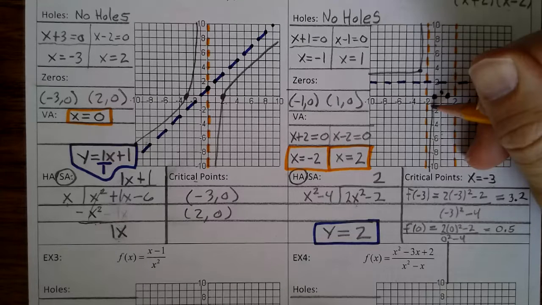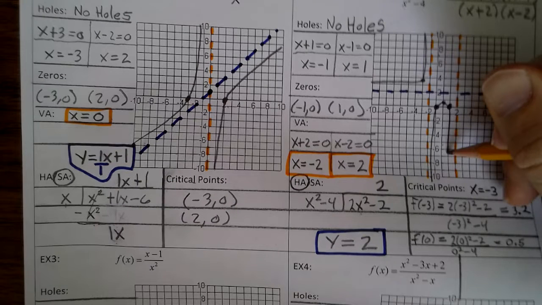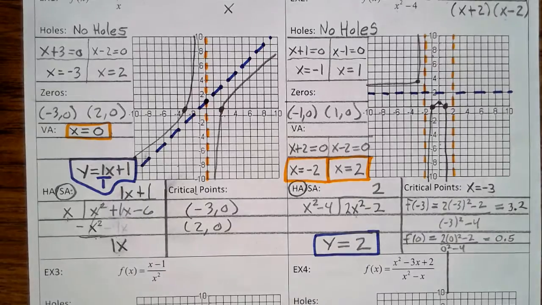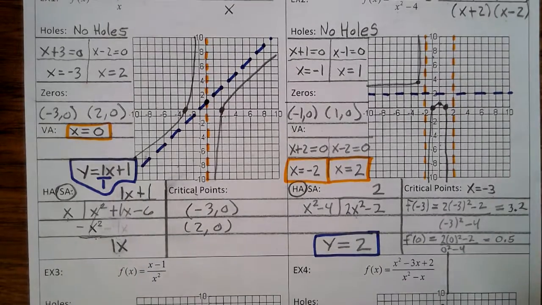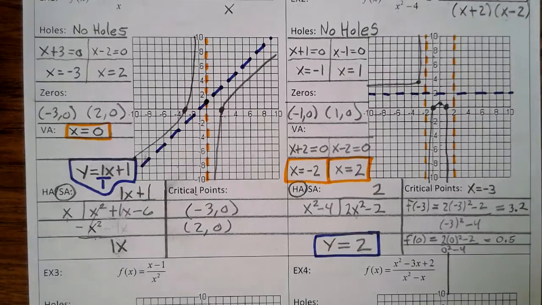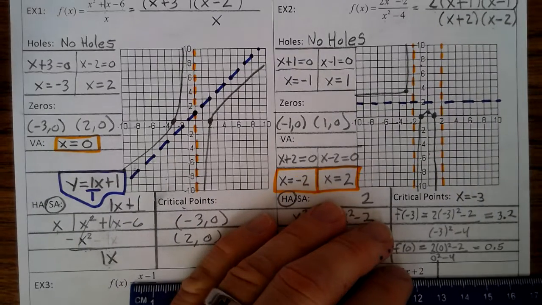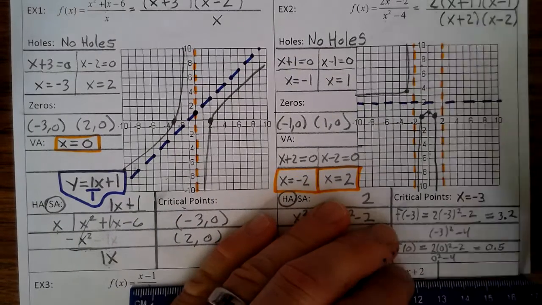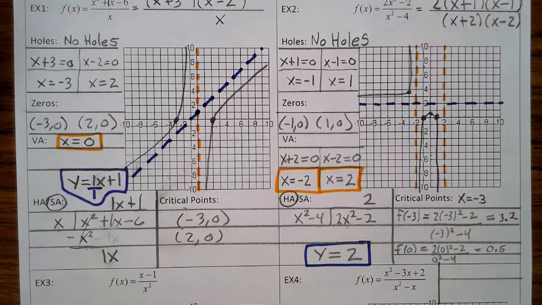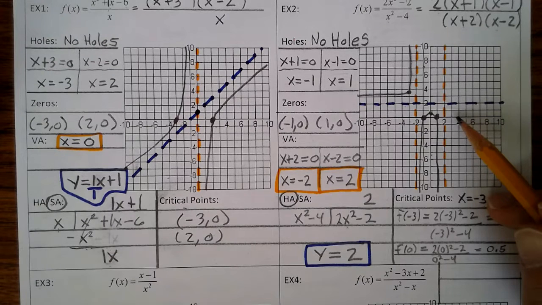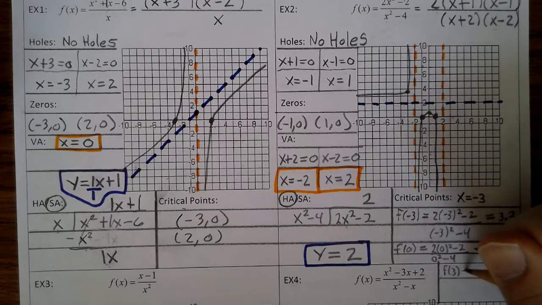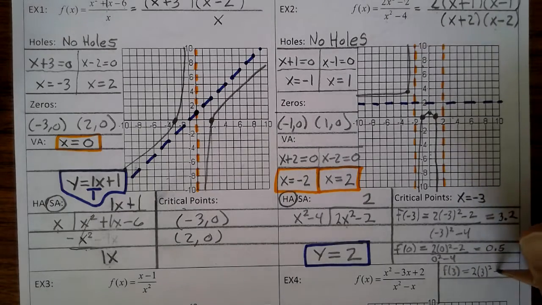Okay, now our last critical point is we need to find out what's happening here, so we're going to use x equals 3. So f of 3 equals 2 times 3 squared minus 2, divided by 3 squared minus 4, and it equals 3.2.